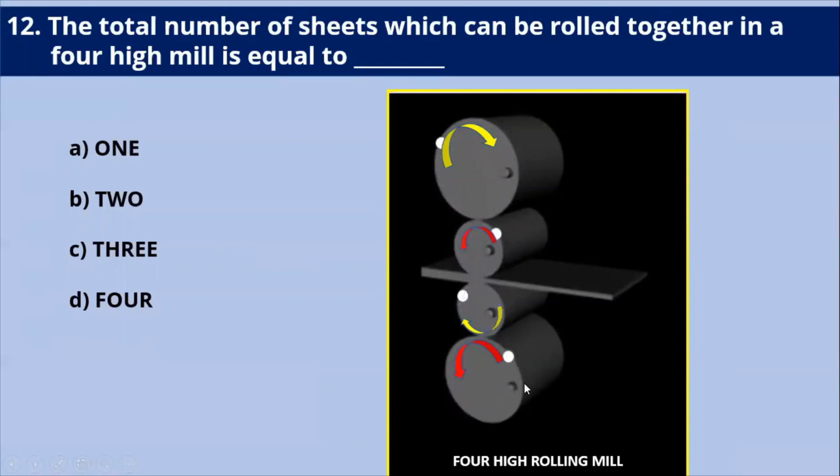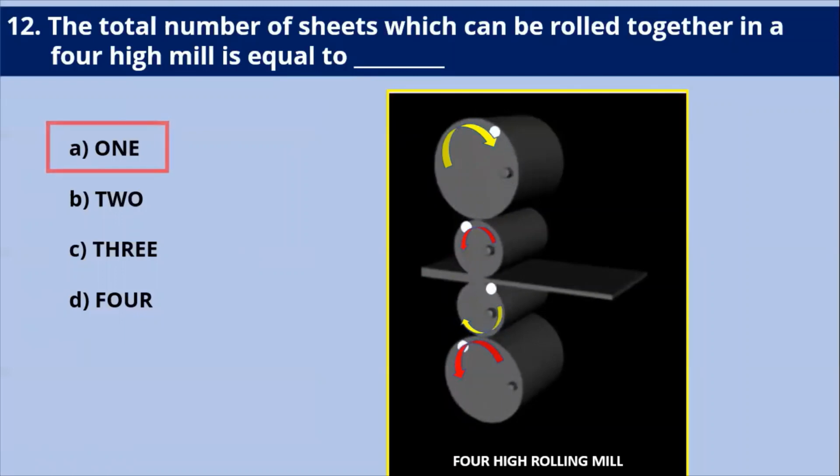The smaller rollers are supported by the larger rollers, and only a single sheet at a time can be rolled in this mill. So they are asking how many sheets we can process in a four high rolling mill, and the answer is only a single sheet.